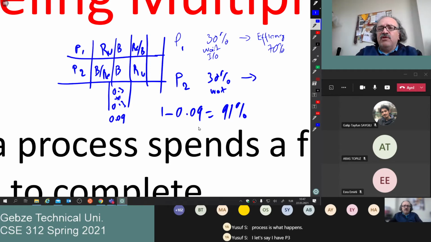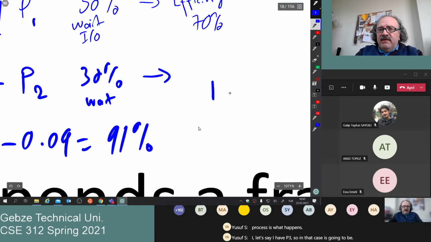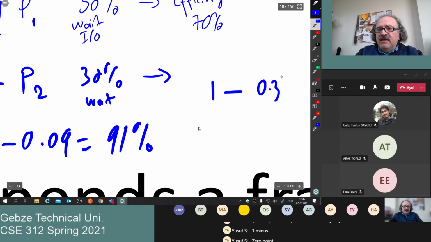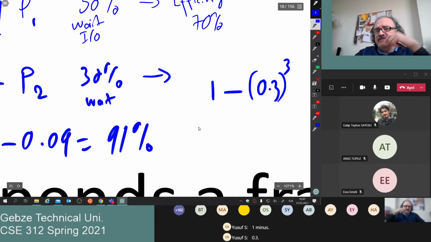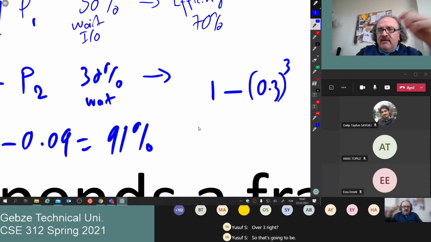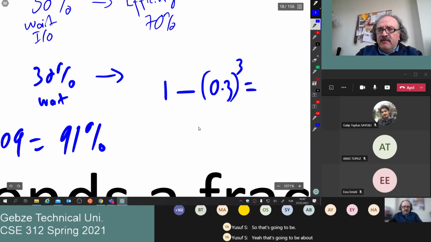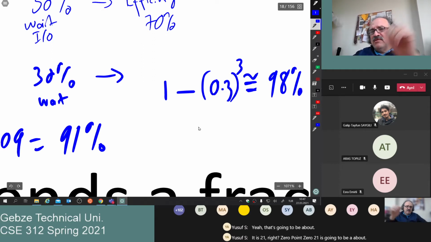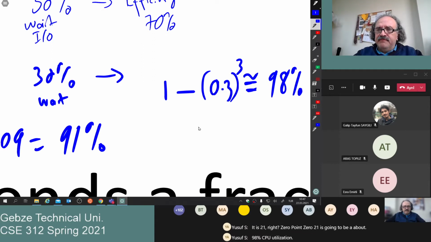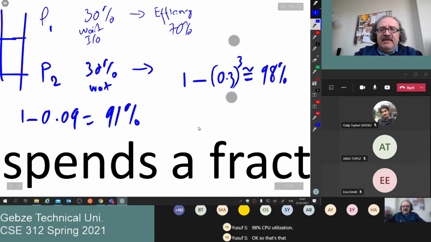In that case, it's going to be 1 minus 0.3 to the power of 3, which is 0.027, about 97-98% CPU utilization. Okay, so that's the idea. That's how you do it.